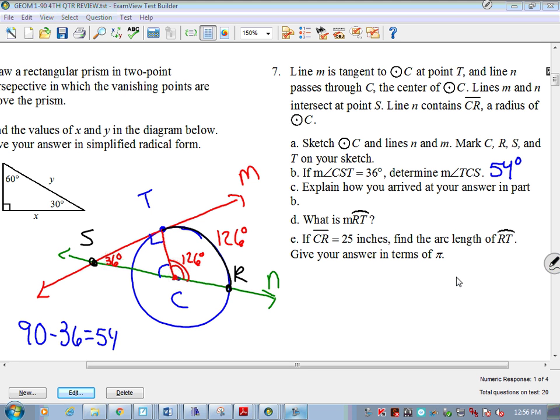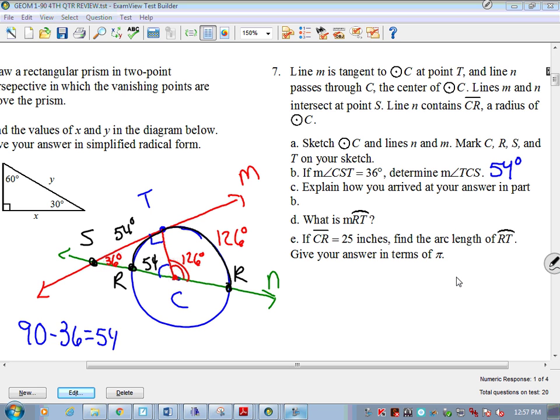The difference is that I think what they ultimately did is they put R there, in which case this is 54 degrees, which means this arc would be 54 degrees. Does that make sense? So I think that the failure of not getting 54 is from them not being specific about where that R would be on line N. Because if it was over here, which it very well could be, it would make that 126 degrees instead of 54 degrees.